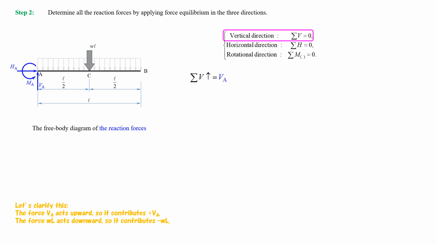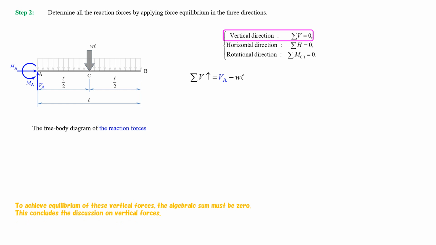The force, W multiplied by L, acts downward, so it contributes minus W multiplied by L. To achieve equilibrium of these vertical forces, the algebraic sum must be 0. This concludes the discussion on vertical forces.